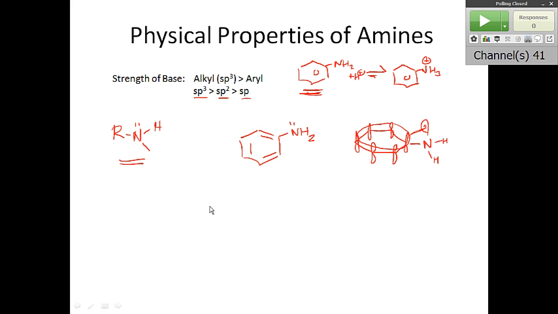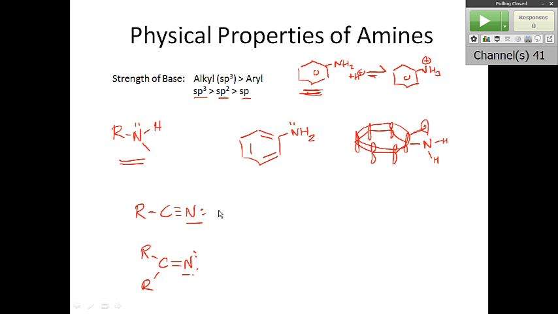So if you had a nitrile, a C triple bond N, this lone pair, because it's in an sp hybrid orbital, is less likely to take on a proton than if the nitrogen is sp2.